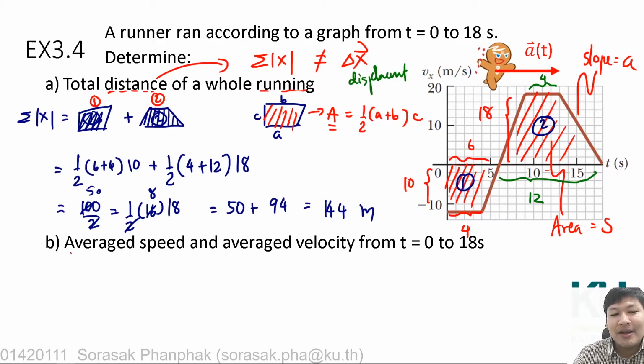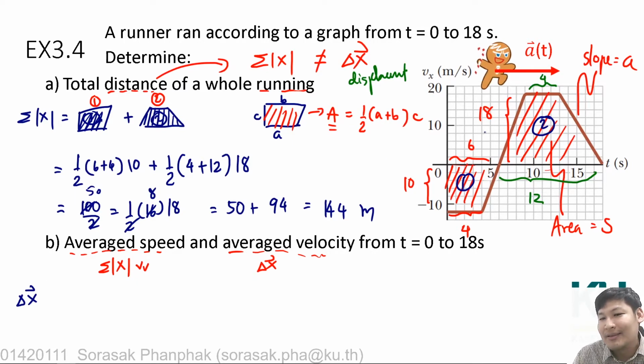If you would like to find the average speed or average velocity, how can you find it? For average speed, you need the total distance. For the average velocity, you need the displacement, right? We already have the total distance, but how about the displacement? For the displacement, you only count this as a plus sign because it's above, in the plus v direction.